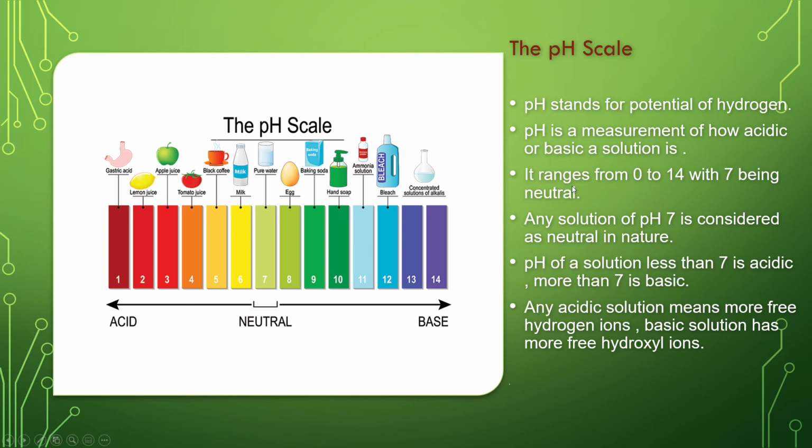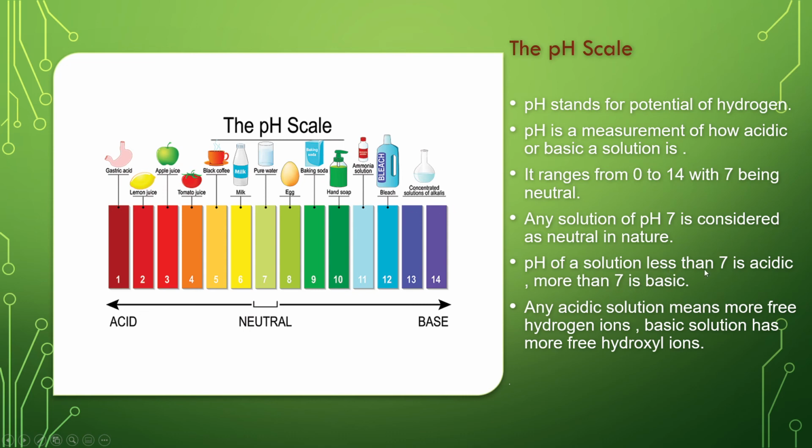So it ranges from 1 to 14, and 7 in the middle indicates that it is neutral in nature. Like pure water, you can see pure water is given. That means pure water is neutral in nature, and within pure water there will be no acidic character or basic character.